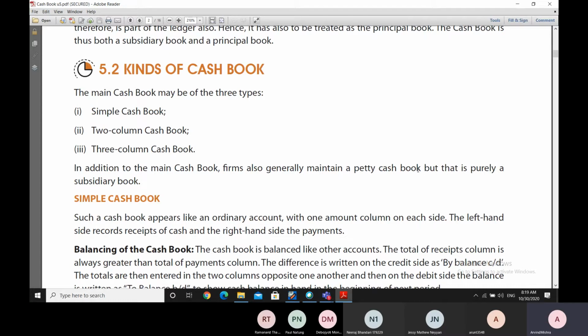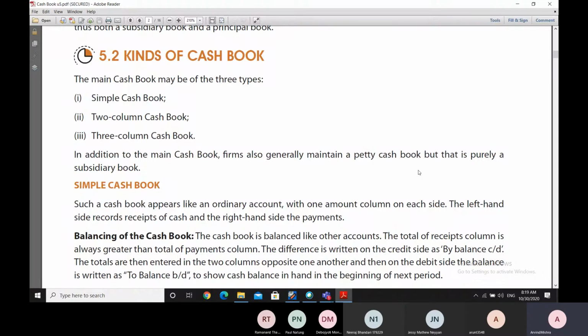It is purely a subsidiary book, because all the transactions which are entered into the petty cash book have to go into the ledger. So if a question is asked whether a petty cash book can be treated as a principal book of account, the answer would be no, because the petty cash book is purely a subsidiary book and it does not have the trappings of a principal book at all.